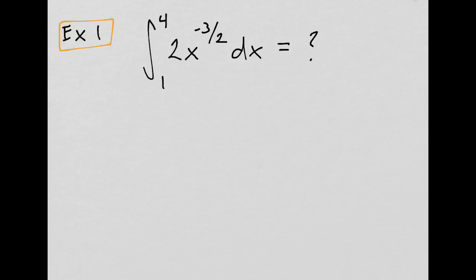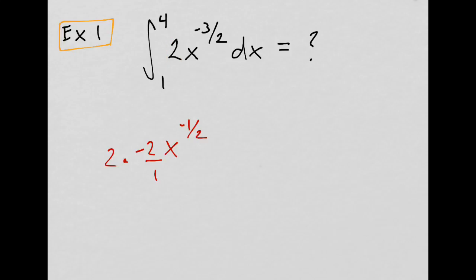You add 1 to the exponent: negative 3 over 2 plus 2 over 2 gives negative 1 over 2. Then I divide by negative 1 over 2, or multiply by negative 2 over 1. I flip the second one and multiply, and I keep the coefficient out in front.